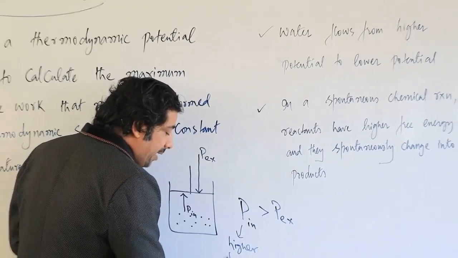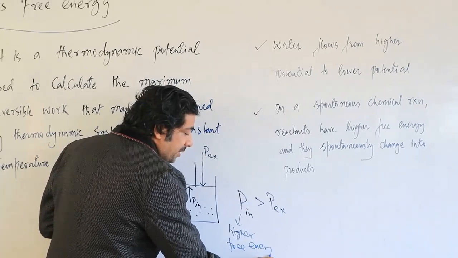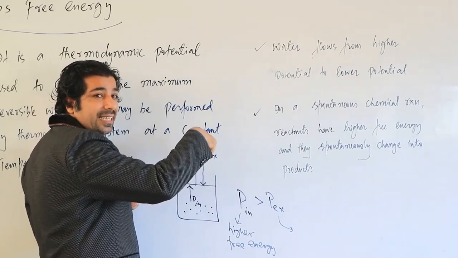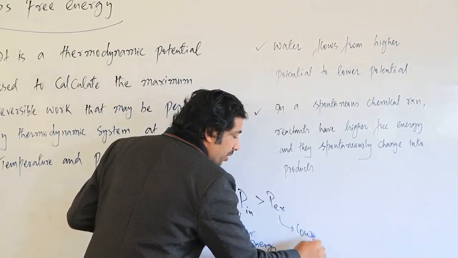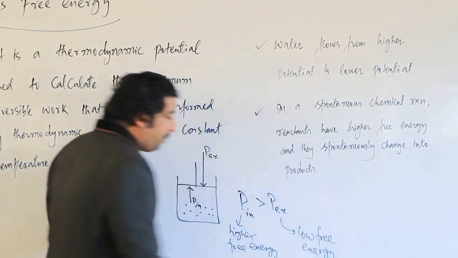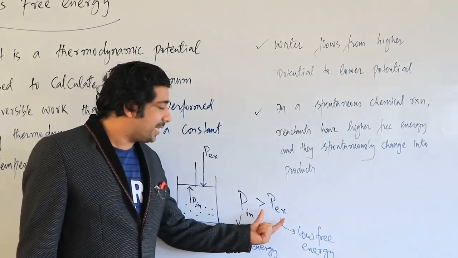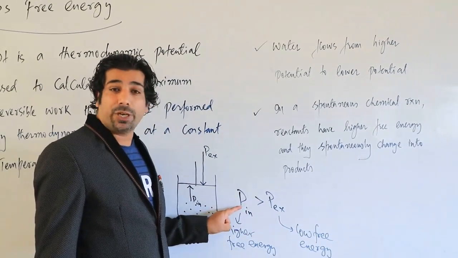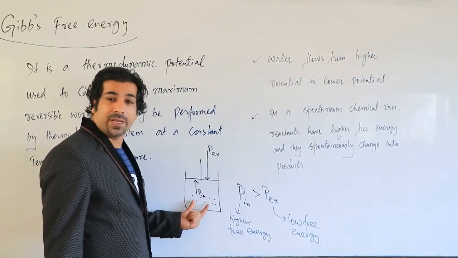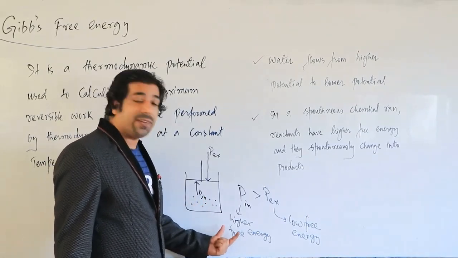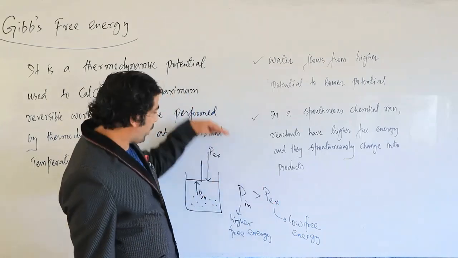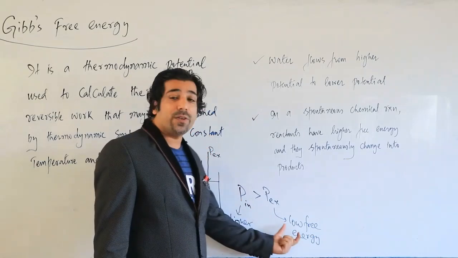And P external, whatever the pressure is from outside, is less, so it has low free energy. The external pressure due to the atmosphere has lower free energy.